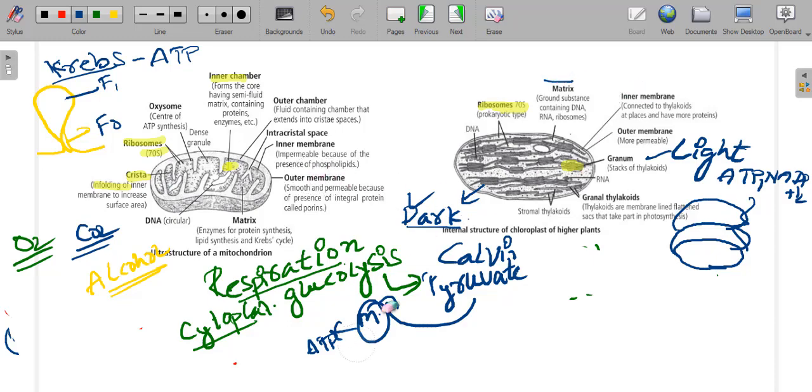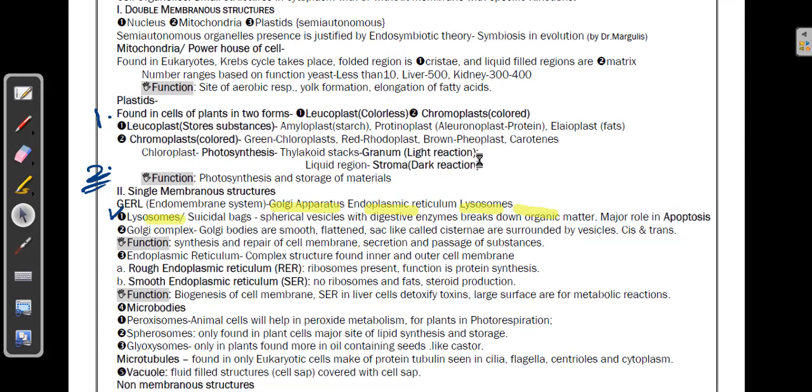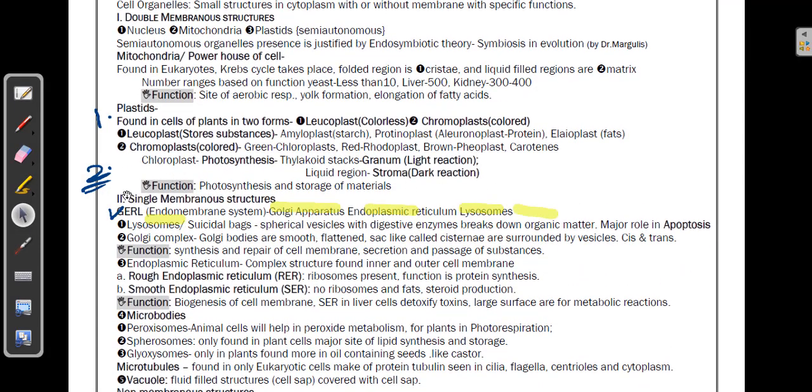So this is about the structure of the chloroplast, and now we'll go back to the functions. The chloroplast helps in photosynthesis, and plastids help in storage of materials, particularly the leucoplast and then the chromoplast. Sometimes you may get a few questions relevant to this.